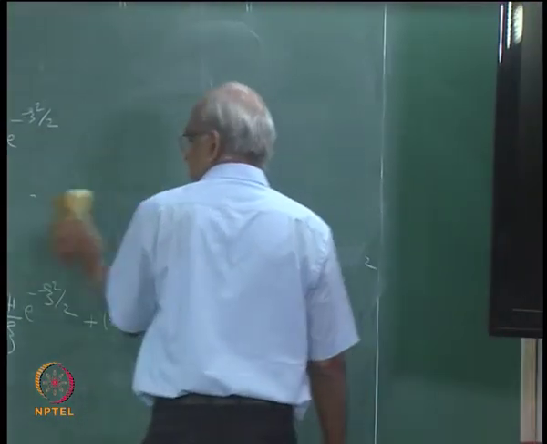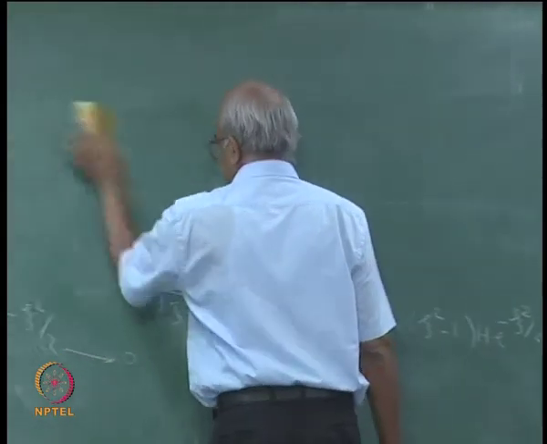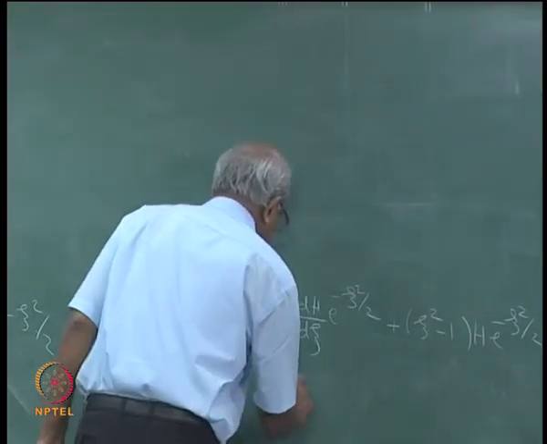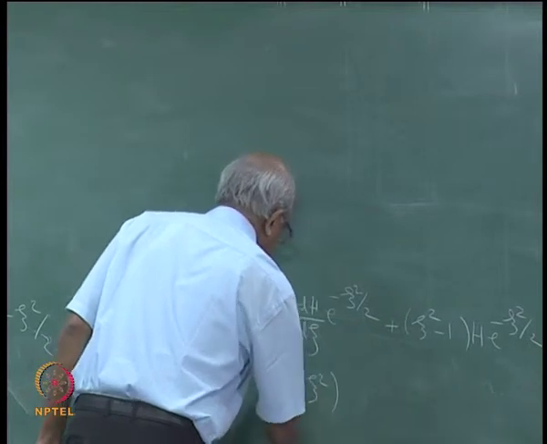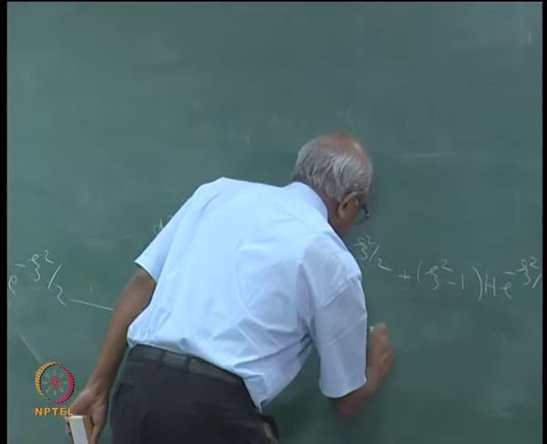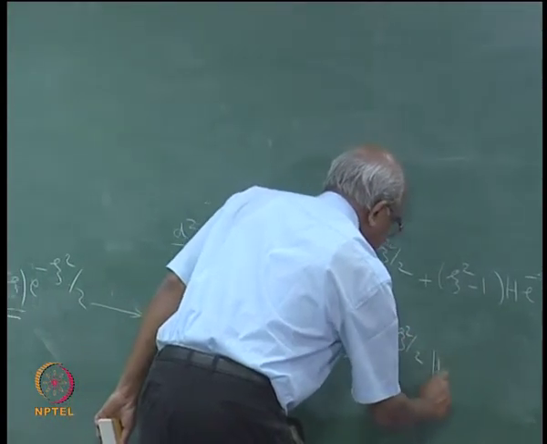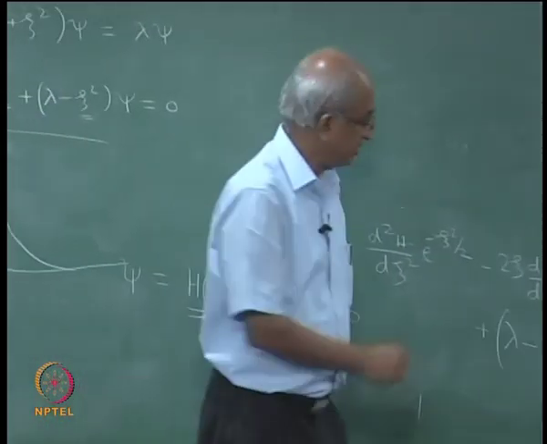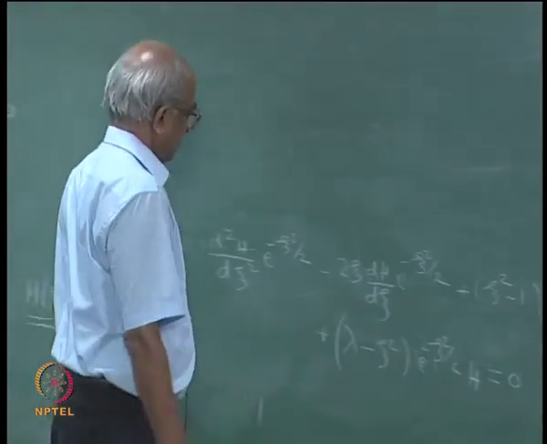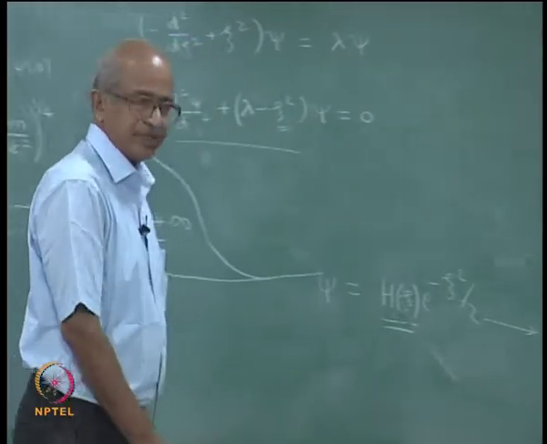I have determined it. This is the second derivative of psi. To that, all that I need to do is I have to add lambda minus c square into psi here, but psi is e to the power of minus c square by 2 into H, and this should be equal to 0. That is the differential equation.